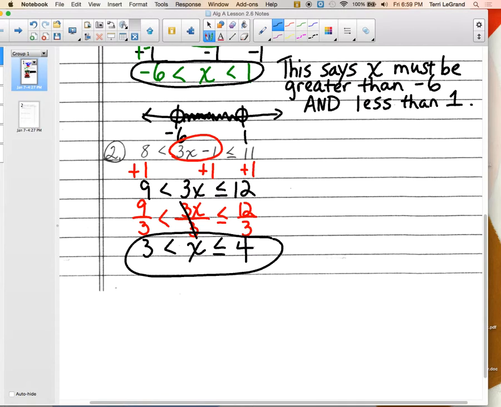Okay, so this is where we're going to graph it. Remember, for these compound ones, we just need the two endpoints, 3 and 4. Let's go see what this says.